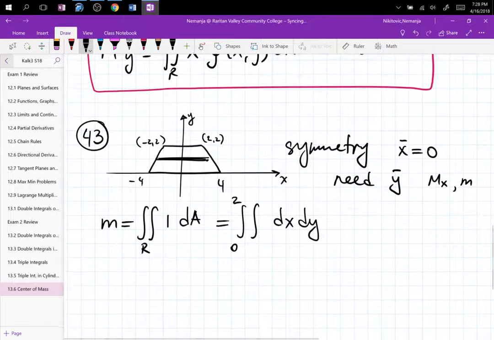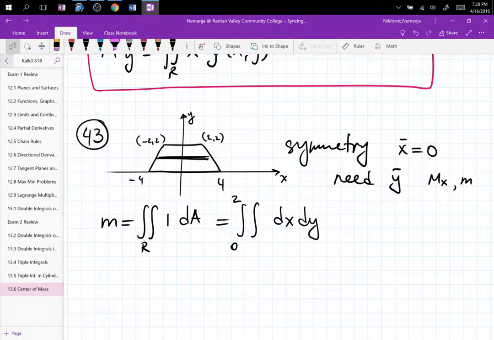The one on the left has a positive slope of 1, because you go 2 up, 2 over, so that's x plus 4.